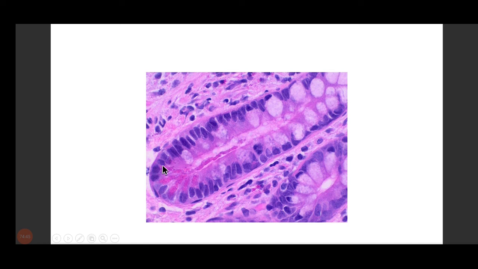They have granules. See, these are more eosinophilic than the rest of the cells. All the enzymes and peptides have antimicrobial action, which keeps the lining sterile.